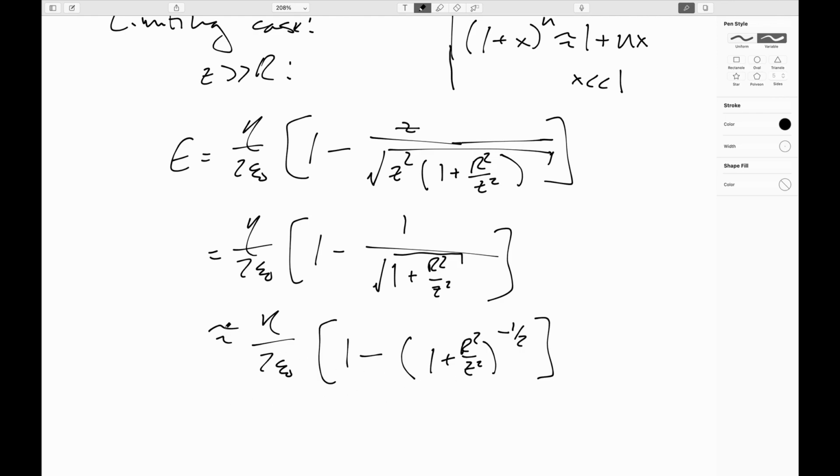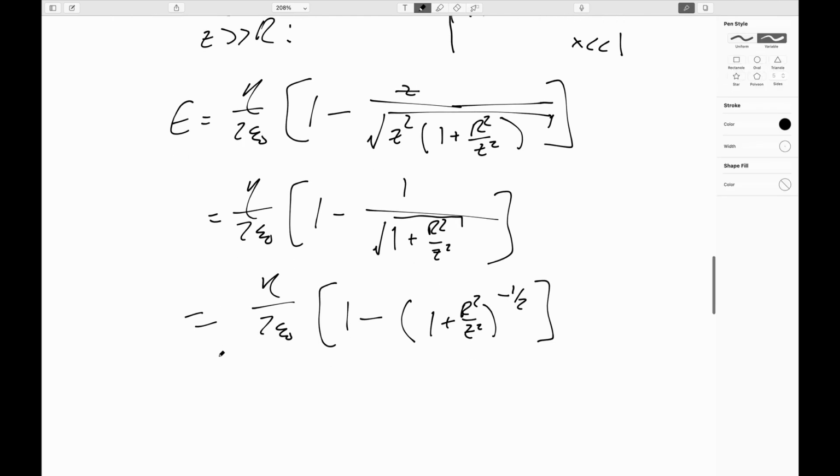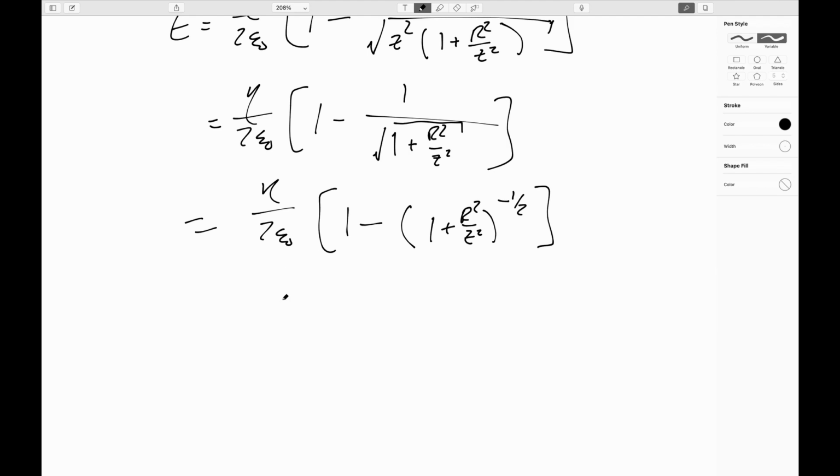Sorry, that's not approximate, that still equals. And now applying the binomial expansion, we can say that this is approximately eta over 2 epsilon naught times 1 minus our expansion, which is going to be 1 plus, our n is negative 1/2, and our x is r squared over z squared.